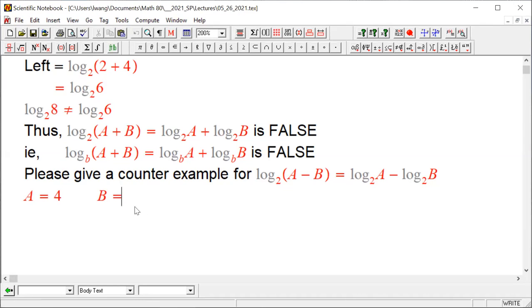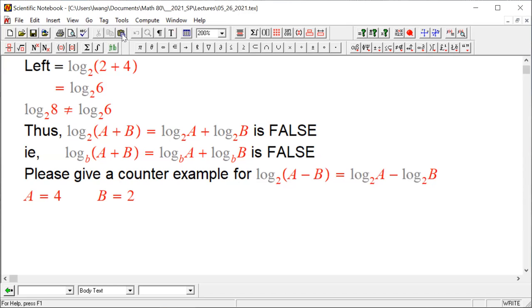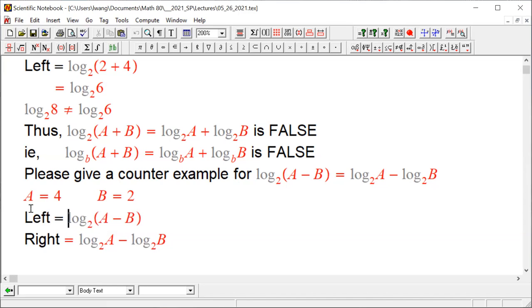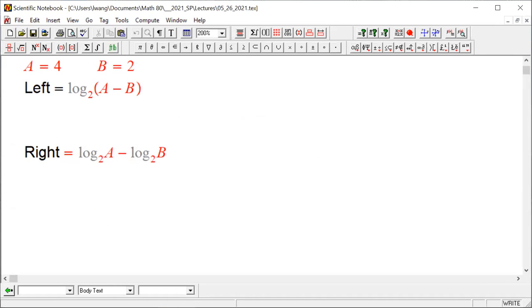No, not yet. Okay, how about I give you one? A equals 4, B equals 2. Is that simple enough? You have many more. Look at the left-hand side and the right-hand side.